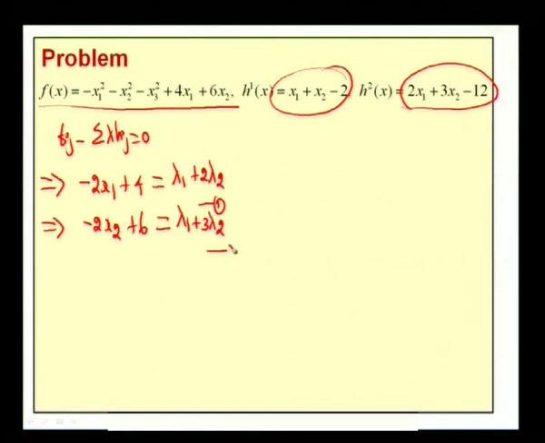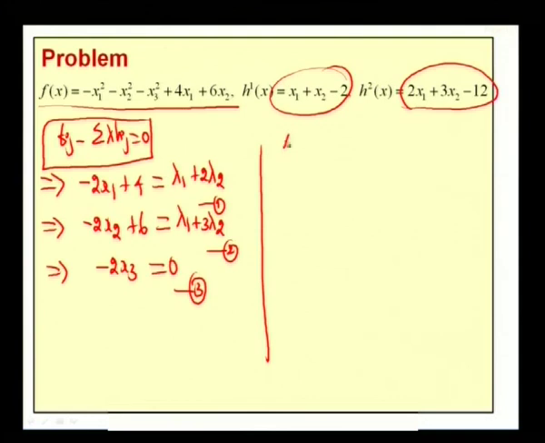So, this is the second one. And as far as the third variable x3 is concerned, the corresponding Kuhn-Tucker condition gives us minus 2x3 equal to 0. So, the first Kuhn-Tucker condition gives us these three equations.